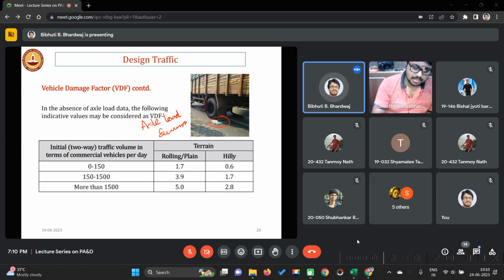It says that you need to definitely do traffic survey. Traffic survey means you need to find out how many vehicles are moving. At least that you need to figure out. And when I say vehicles, I always mean commercial vehicles. And commercial vehicles mean what?